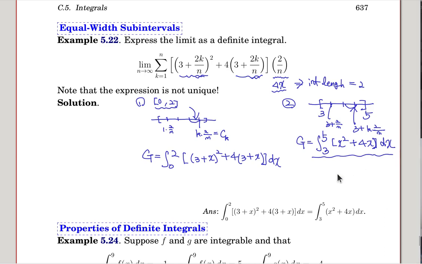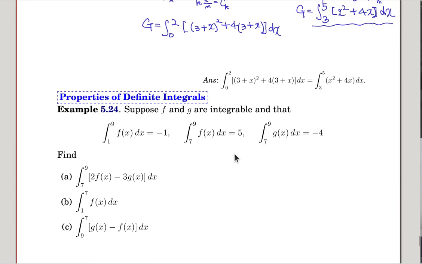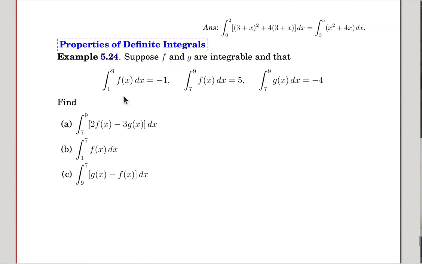Either way, you can express this limit as a definite integral, but the result must be the same. Okay? That is, using some properties of definite integral, we can solve the problem.